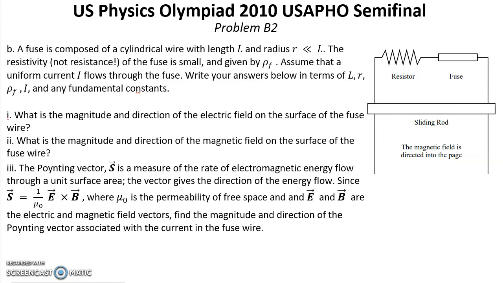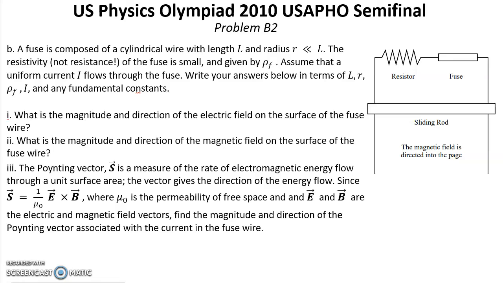Part B. A fuse is composed of a cylindrical wire with length L and radius R much smaller than L. The resistivity, not resistance, of the fuse is small and given by rho fuse. Assume that the uniform current I flows through the fuse.